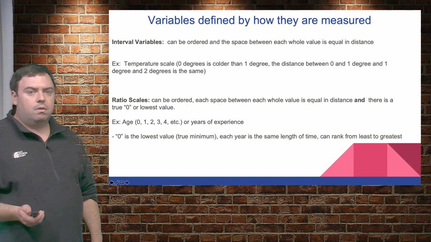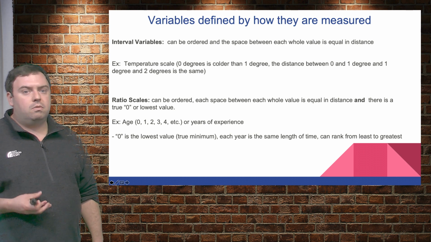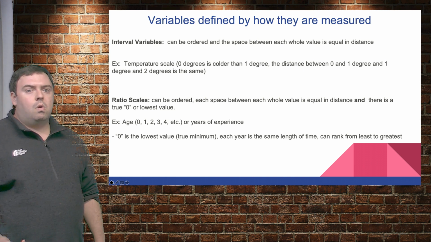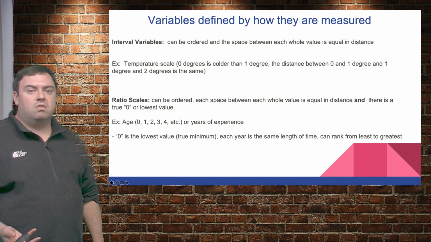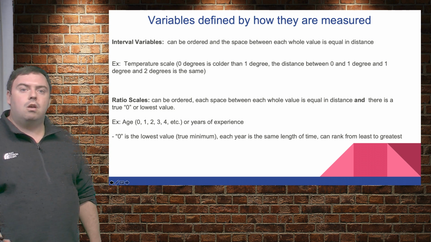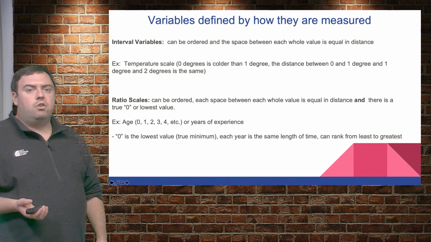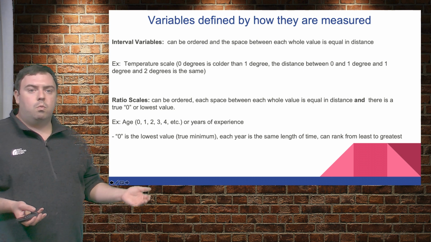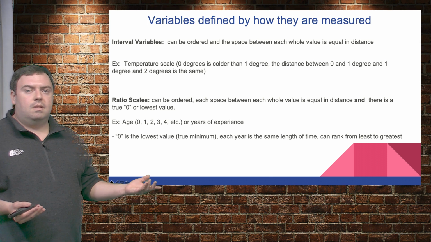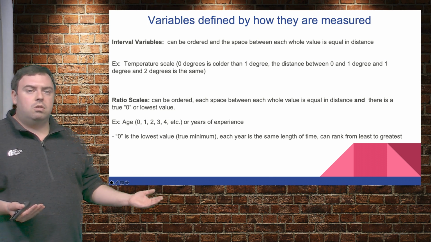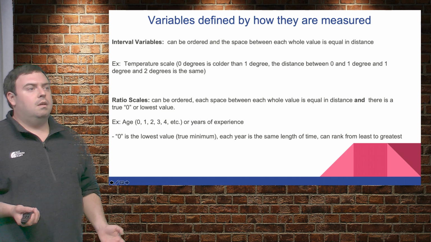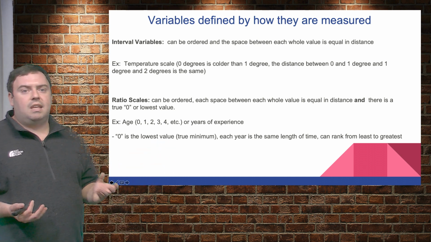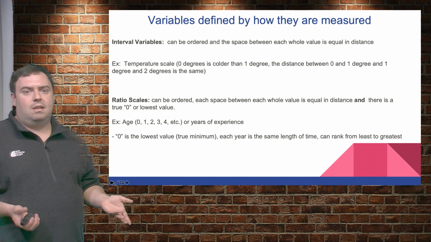On that scale, there is a true minimum value, 0. You can't have lower than 0 years of age, or lower than 0 years of experience. Absolutely no experience. And the distance between 1 year to 2 years is the same as the distance between year 29 and year 30. So each year is the same distance, 365 days, and I think it's like a quarter.